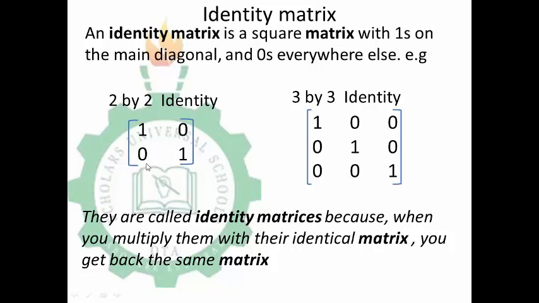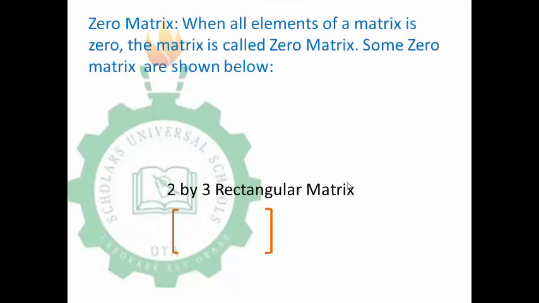But for the identity matrix, it's not like that. If you multiply this by another matrix with the same components, you will still get this matrix back. The same thing happens here. That's why we call them identity or unit matrices.